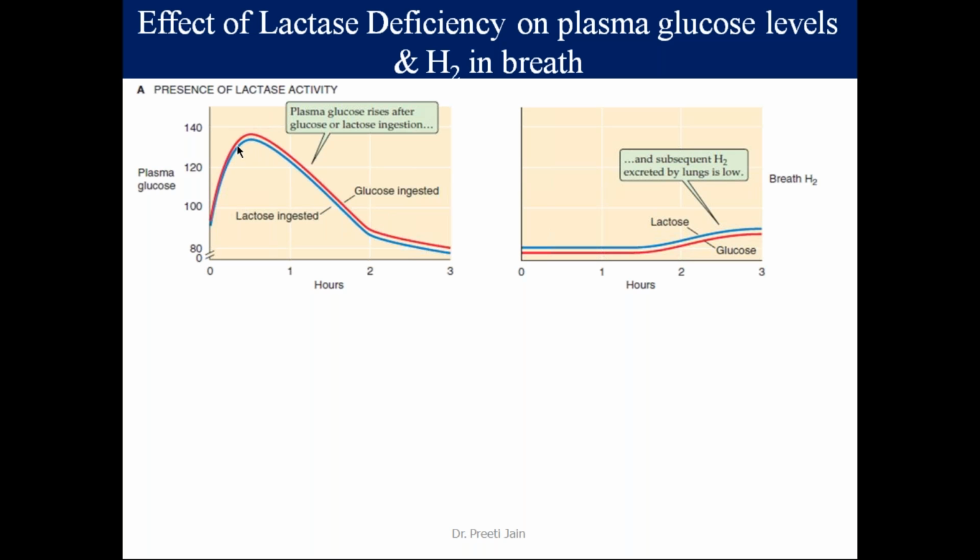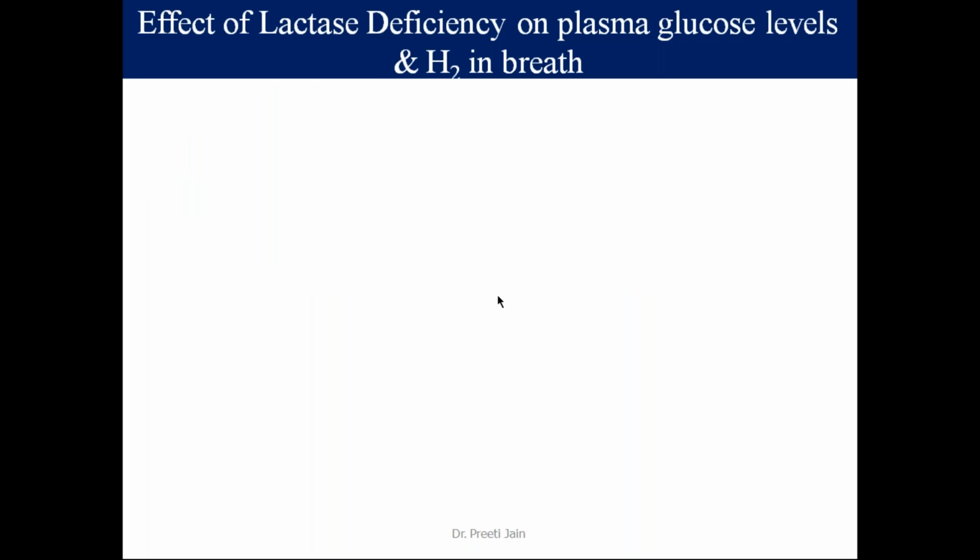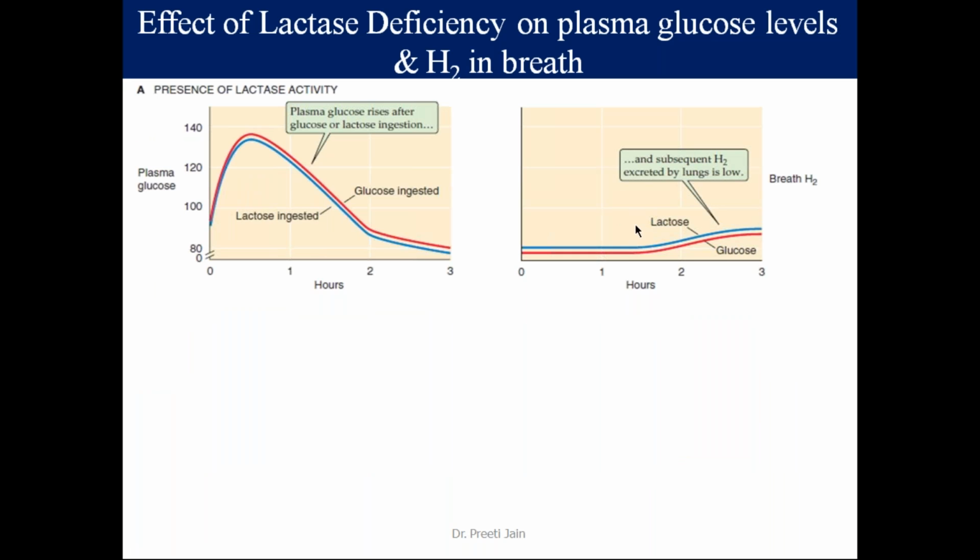Again, this shows that the lactase activity is normal, and since lactose is broken down into glucose and galactose, the hydrogen excreted by the lungs would be below 20 parts per million.